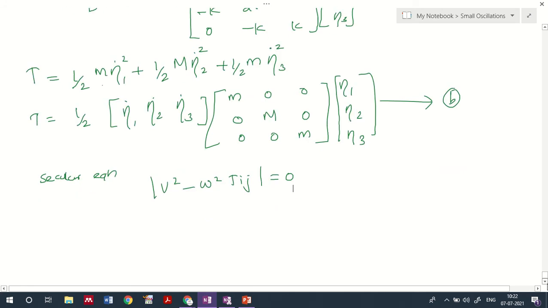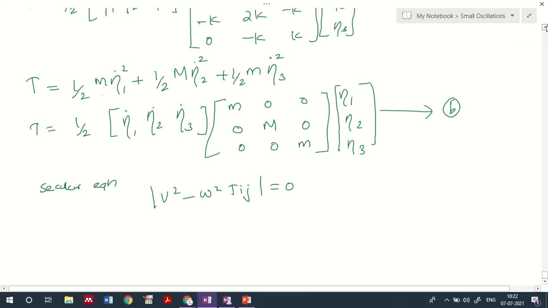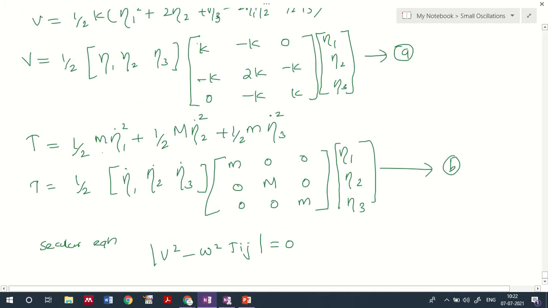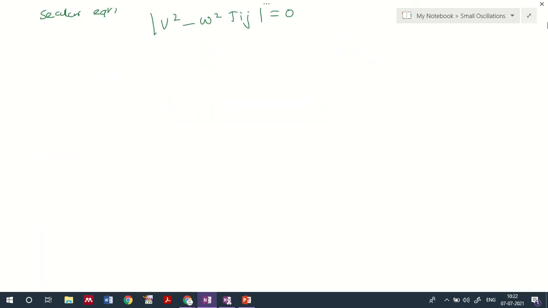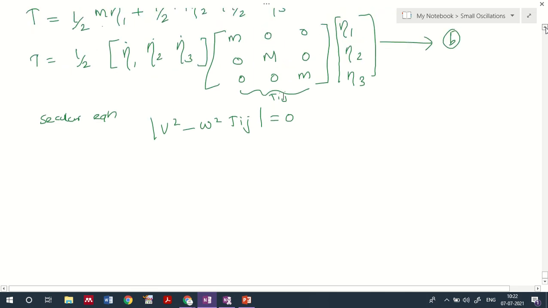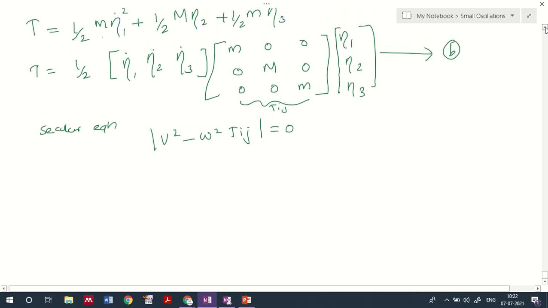When you consider the representation over here, this is what Vij is, and similarly here this is Tij. Now if you put those corresponding matrices into this equation, you will get the representation like this. That is, determinant of V minus omega square Tij equal to 0.